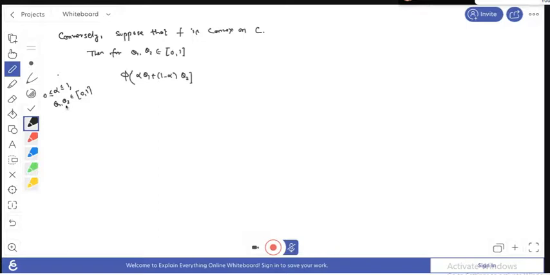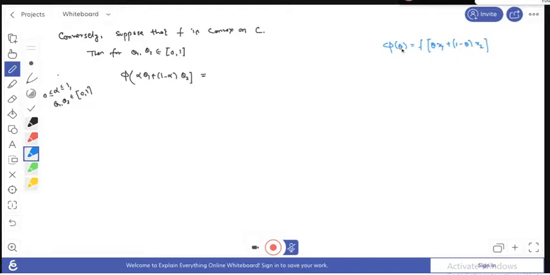This θ1 and θ2 are points, so here we take the convex combination of these two. What is the value of φ(θ)? You know that φ(θ) is defined as f(θx1 + (1 − θ)x2).